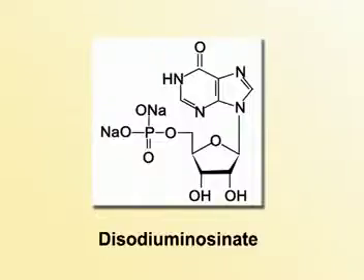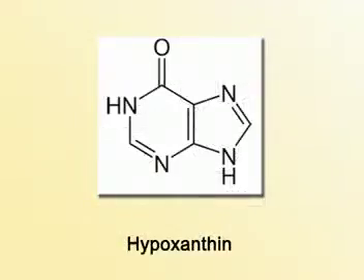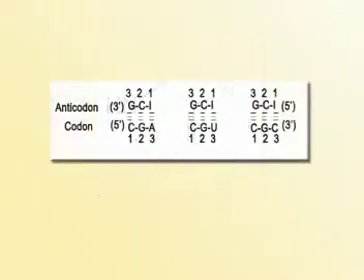For example, the anticodons in some tRNAs contain the nucleotide inosinate, designated as I, which contains the uncommon base hypoxanthine. Inosinate can form hydrogen bonds with three different nucleotides: uracil, cytosine and adenine.